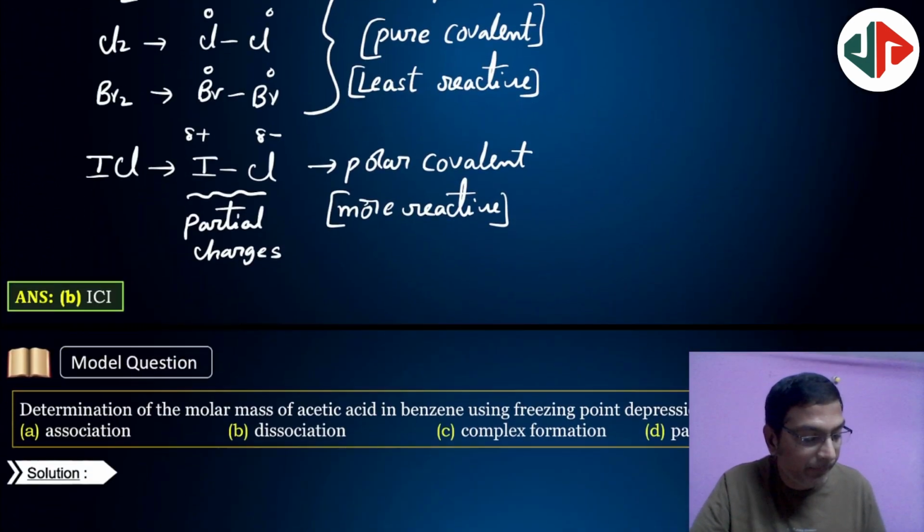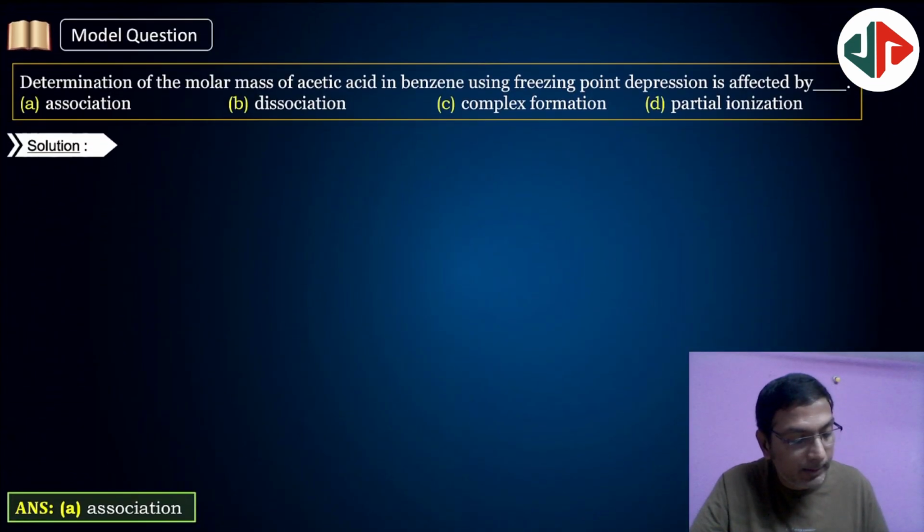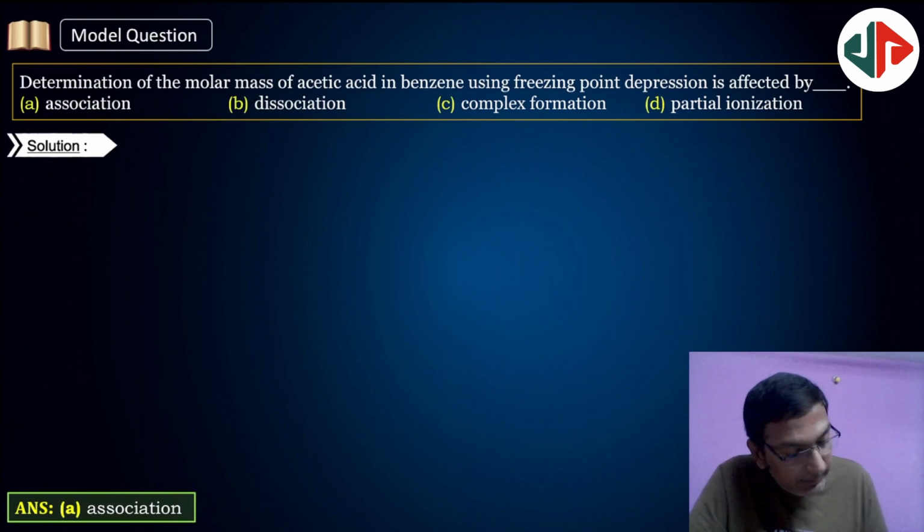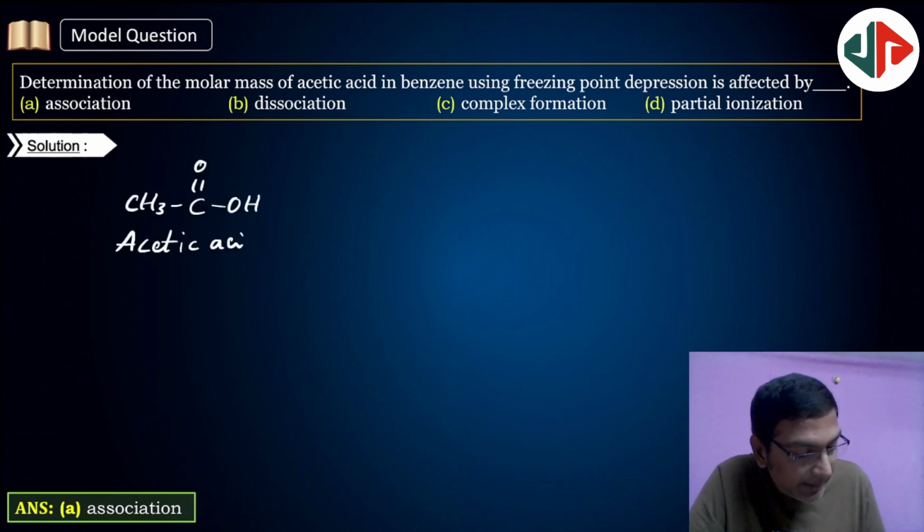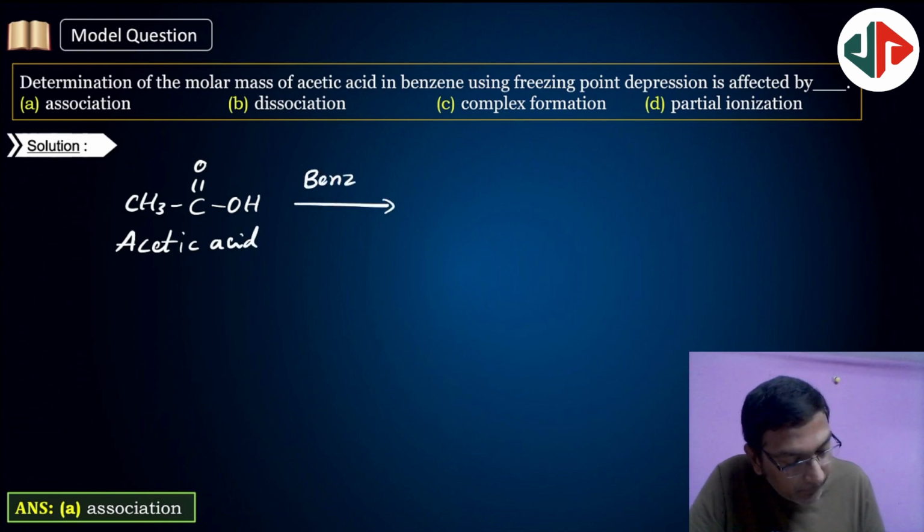Next. So determination of molecular mass of acetic acid in benzene using freezing point depression is affected by. So acetic acid in benzene, C6H6, which is non-polar solvent.